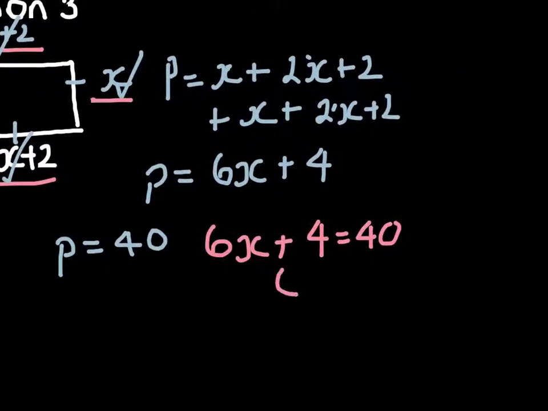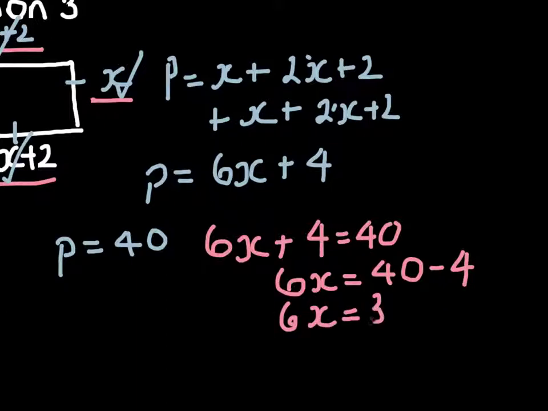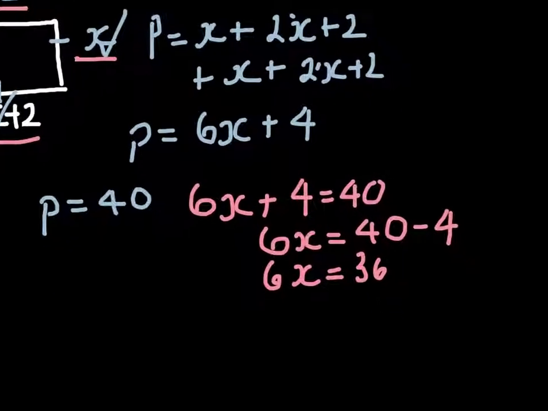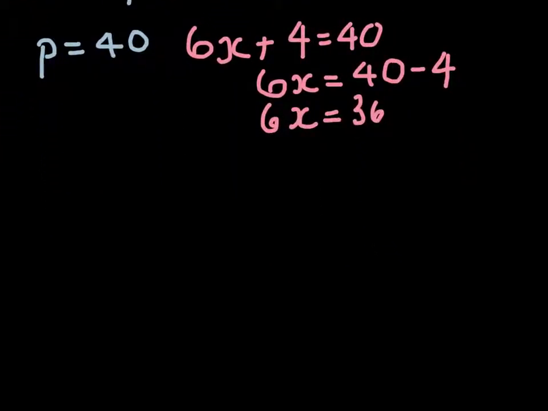So we're going to move the 4 over. 6x equals 40 minus 4. 6x equals 36. We're going to change the side, change the operation. Let's move it out of the way. x equals 36 divided by 6, which is 6.